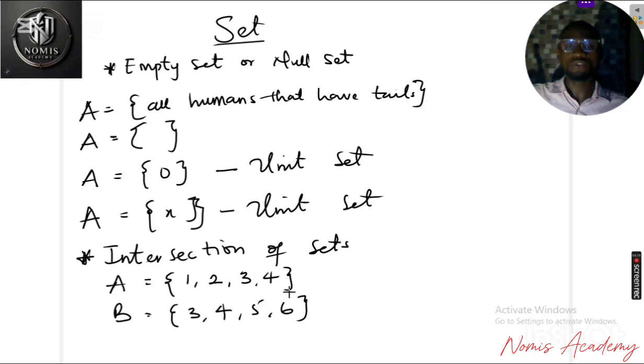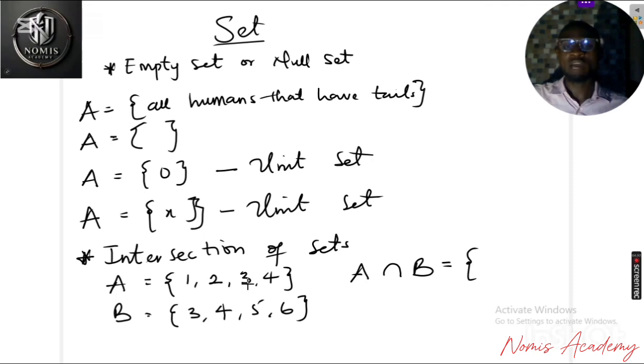If I want to talk about A intersect B, intersection is denoted with a sign that looks like the letter N. So A intersect B is equal to, now you give your curly bracket, what are the common elements?